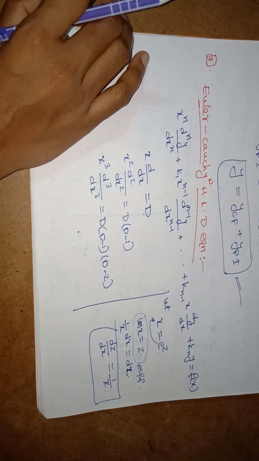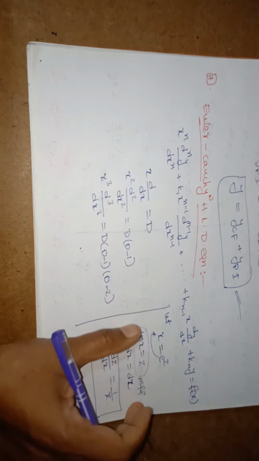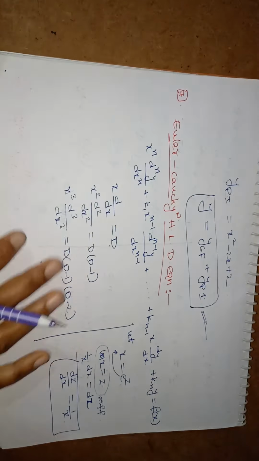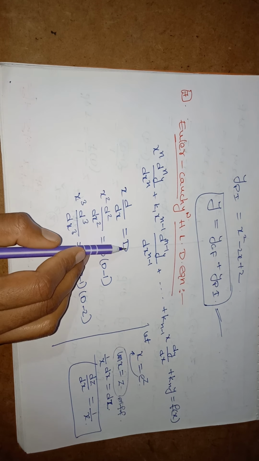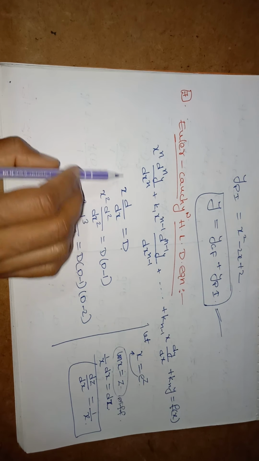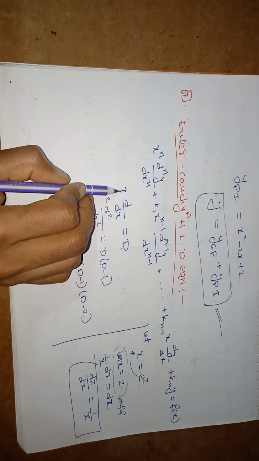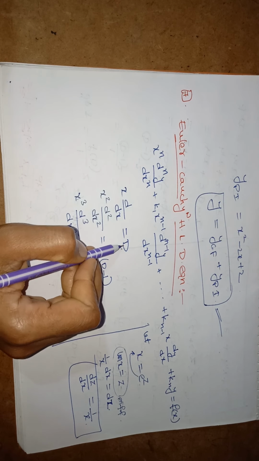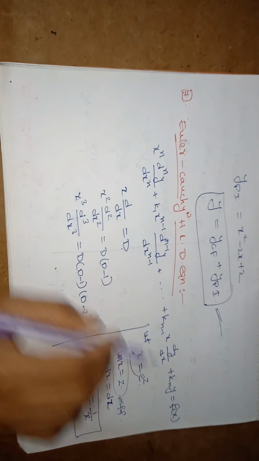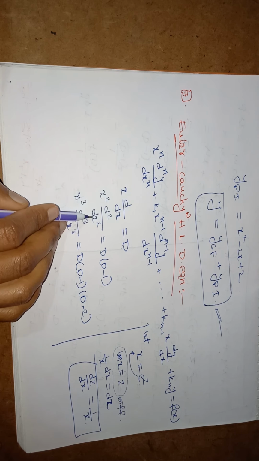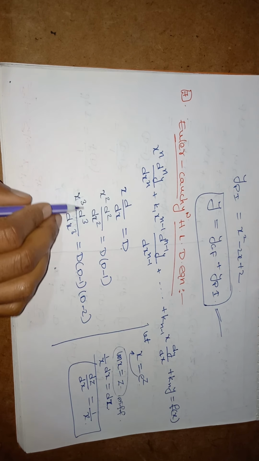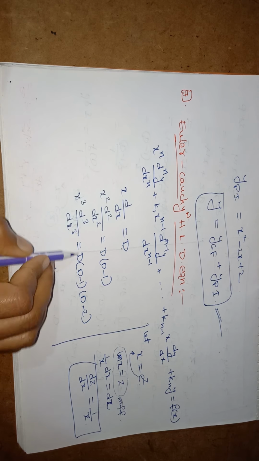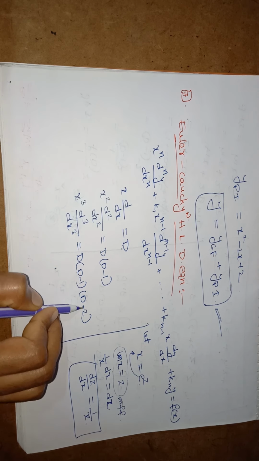I will give you one example. Before that, we have to replace x into d by dx with D. Here take x into d by dx as D in this equation, and x square into d square by dx square equal to D into D minus 1. x cube into d cube by dx cube is equal to D into D minus 1 into D minus 2.